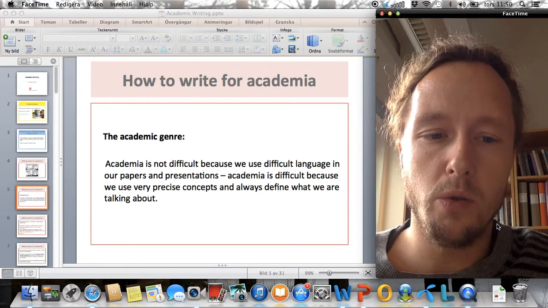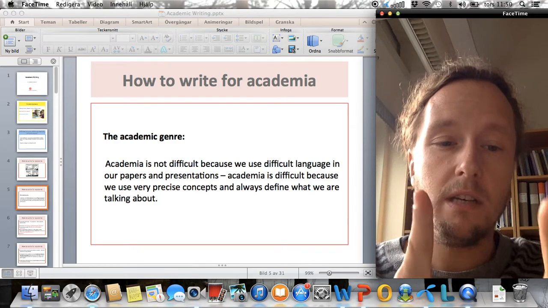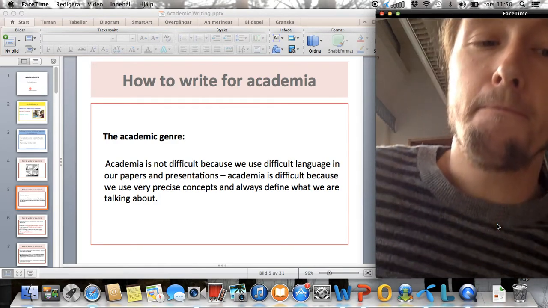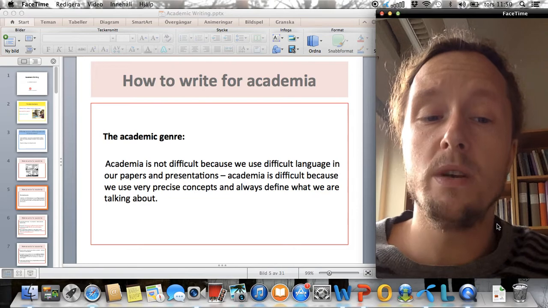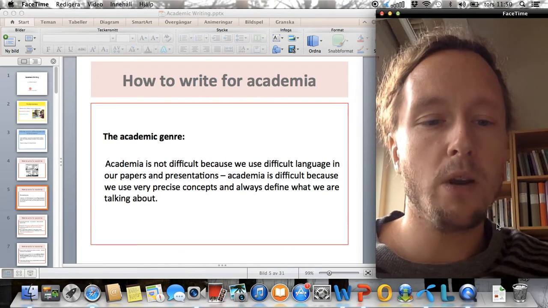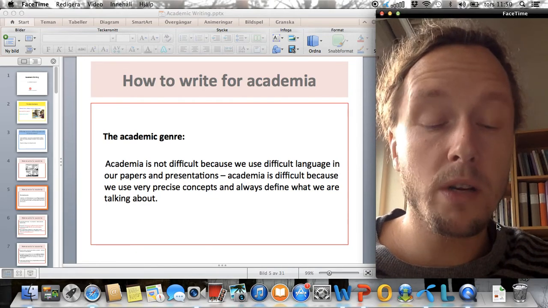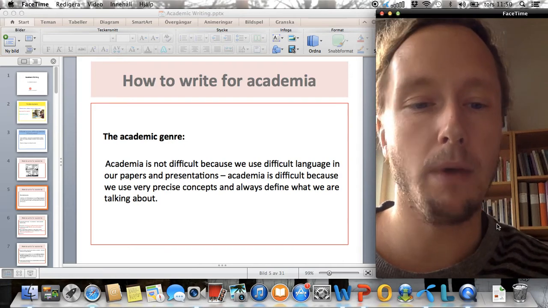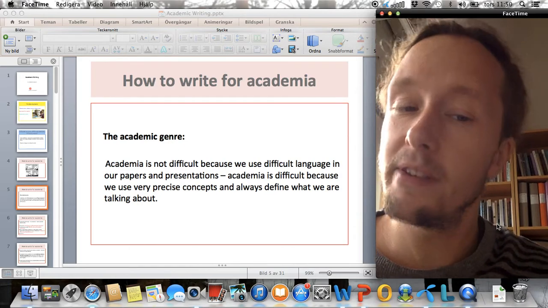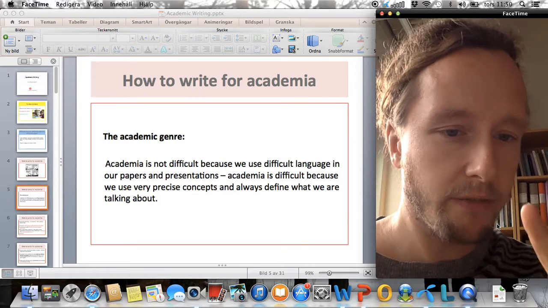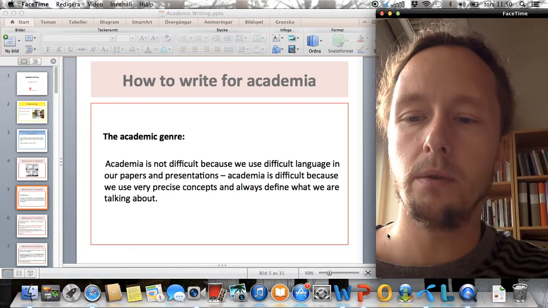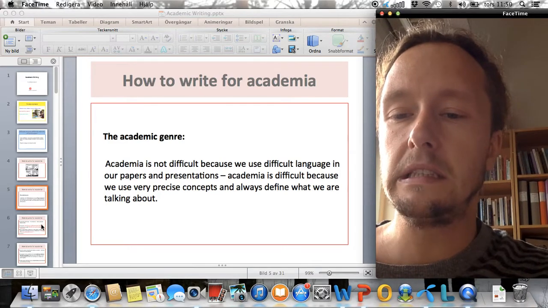This precision shall not be confused with being difficult. I don't want to see sentences that are long just because you think this is how you write in academia. You should be as clear and precise as possible, which is different from being difficult. Very important to remember when you write your thesis.